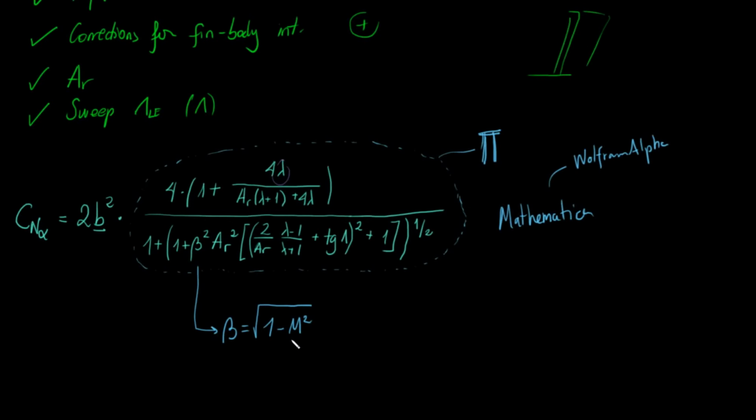Obviously, if we go to the high subsonics, this beta is gonna have an effect on this term. But for now, I'm just gonna call beta 1. So 1 term, 1 variable, 2 variables, aspect ratio and sweep angle. So what I did for you is I plotted this correction term, capital Pi.